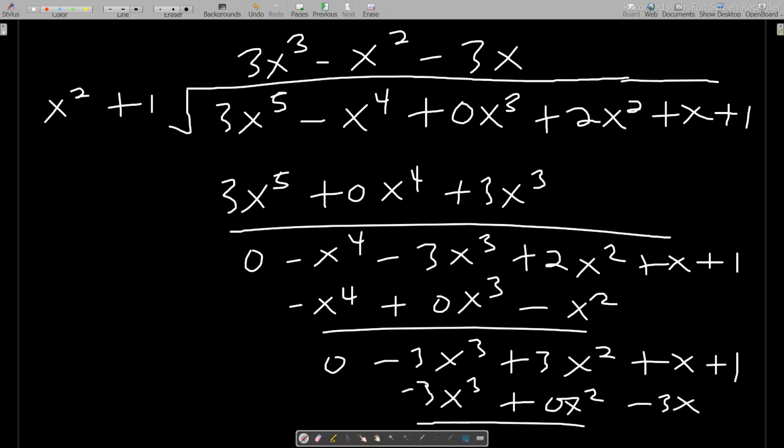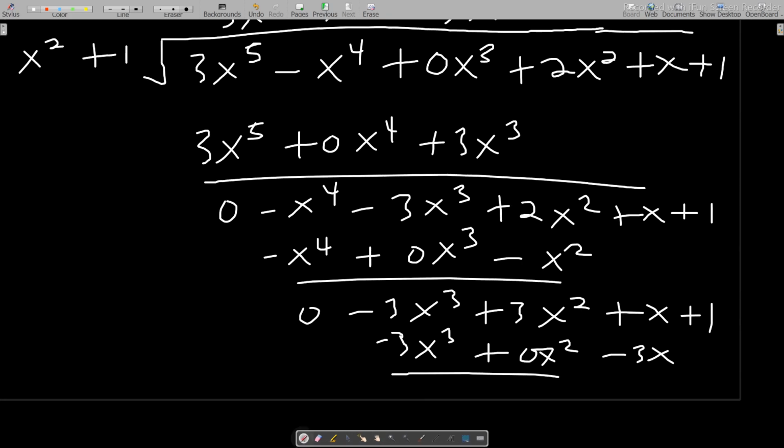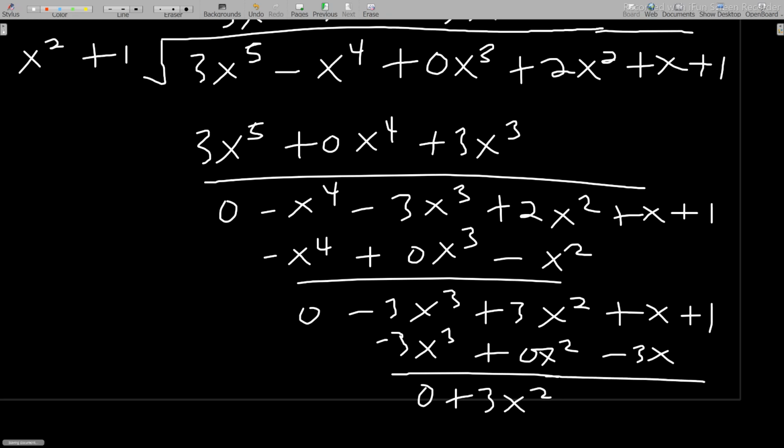When you subtract, what will you get? So let me push this to the top small. When you subtract, you have to get 0 here. Plus 3s squared, because 3s squared minus 0s squared, you have that. Then plus 4s plus 1.